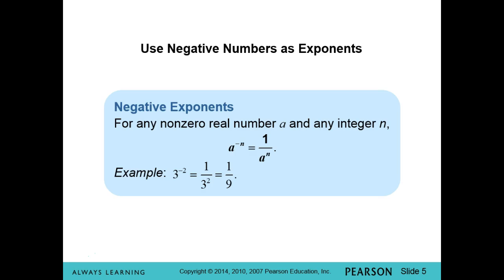That moves the a downstairs and moves the exponent, if this is in the numerator to begin with. If this was in the denominator to begin with, it moves it upstairs and loses the negative sign. So a negative sign moves it across the division line, and you lose the exponent with it. That's how I look at it. If that's confusing to you, just use the rule.